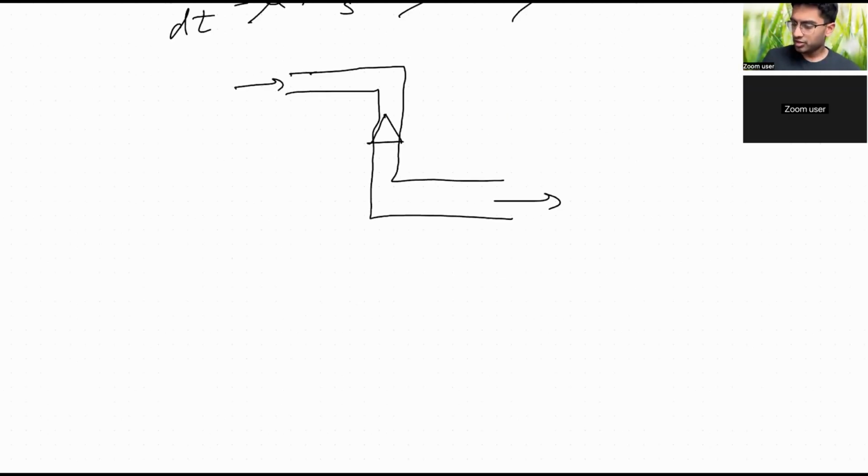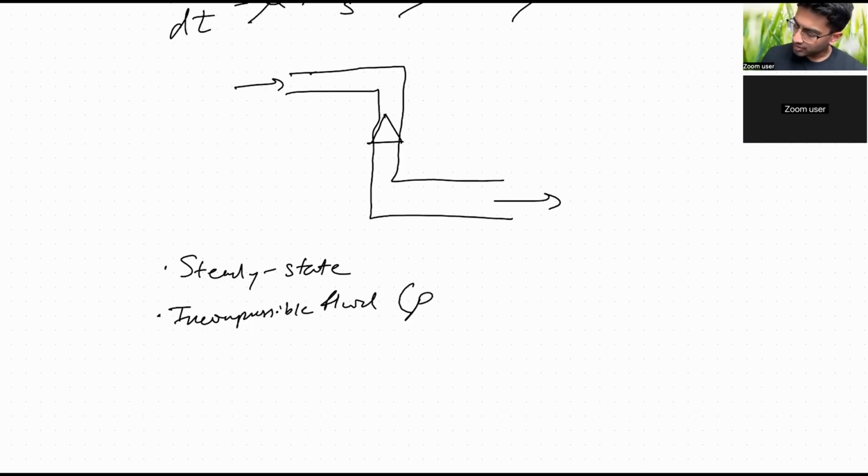But essentially, what happens with this energy balance, assuming we're at steady state, we have an incompressible fluid, meaning our density is constant. We have friction forces that are basically zero, so any friction loss due to viscosity is zero.